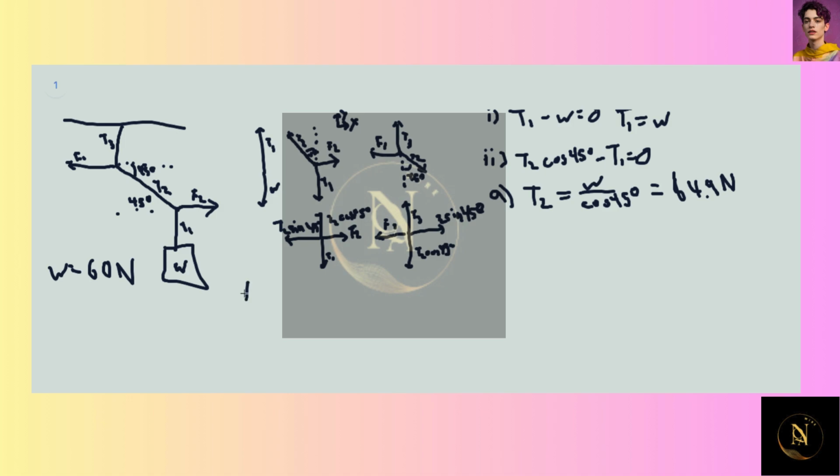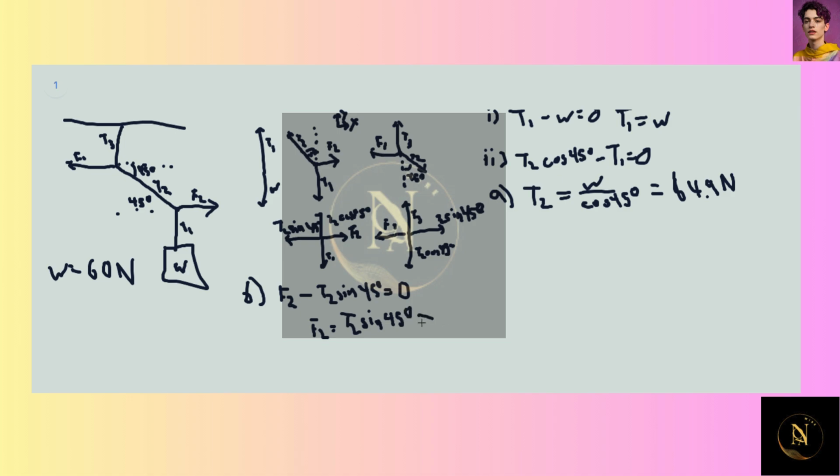Part B asks us to find the magnitude of the two forces. So these two forces show up in the horizontal components of our equation. So we see that F2 minus T2 sine of 45 degrees is equal to 0. So F2 equals T2 sine of 45 degrees.